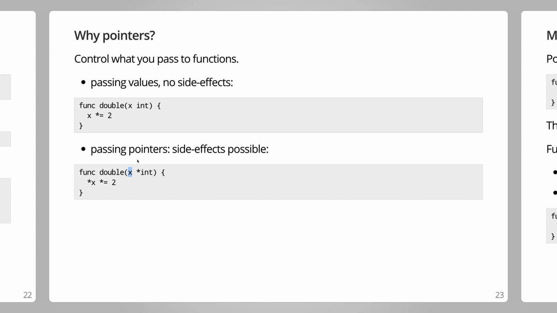So if we pass in some variable x, we're actually changing the original x that was passed in. And so it has side effects. It's visible outside the double function here. And that is not the case for this first double function. Here it would basically just do the doubling, and then it wouldn't be visible outside this function that it was doubled. So it's a useless operation here.